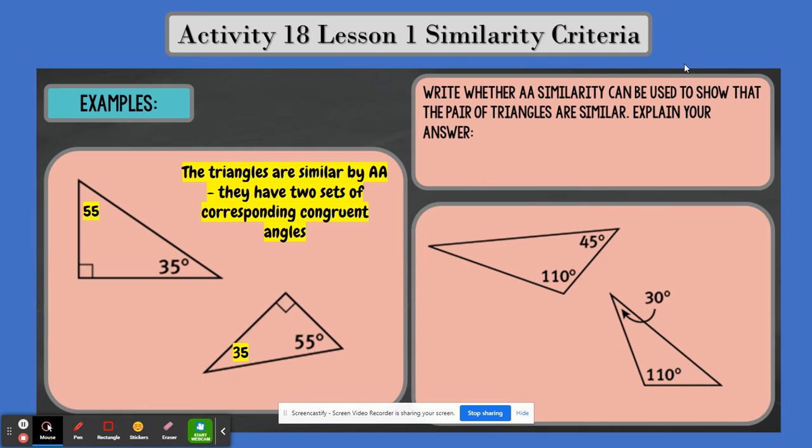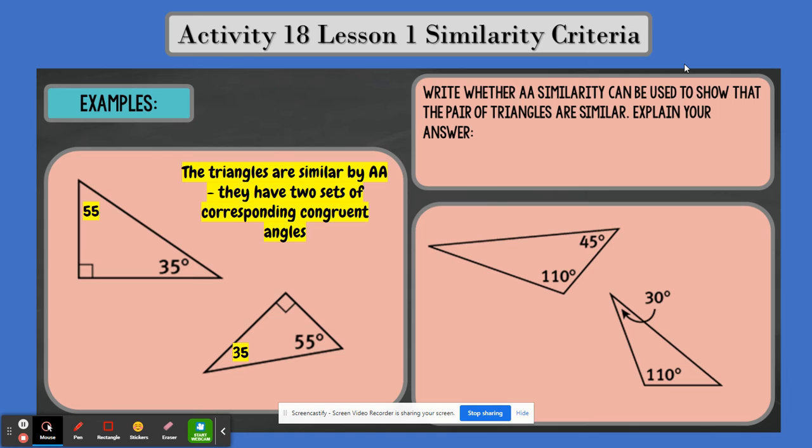Can I prove that these two triangles are similar or not similar? So what am I going to be looking for? Okay, so what angles? I have 110, I have 110. That's one. I need one more set. Well, this is 30, this is 45.